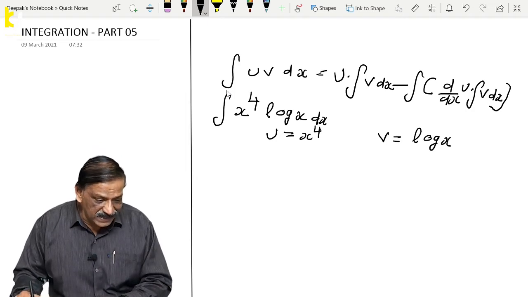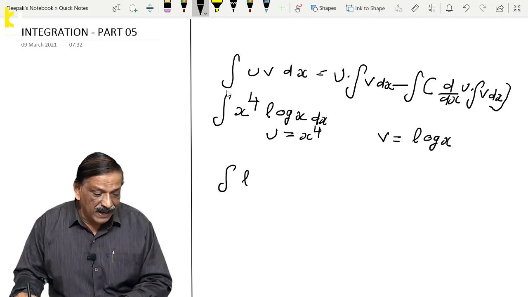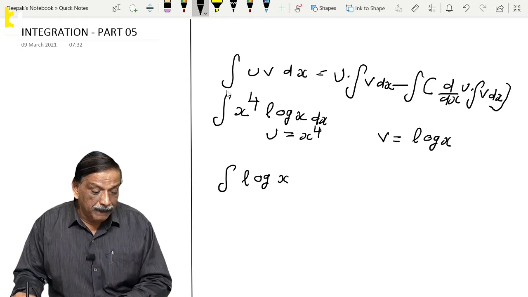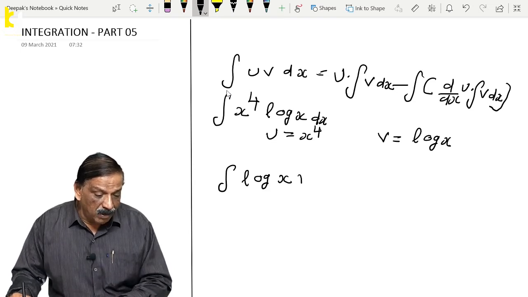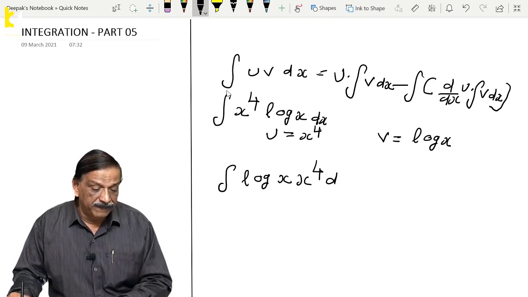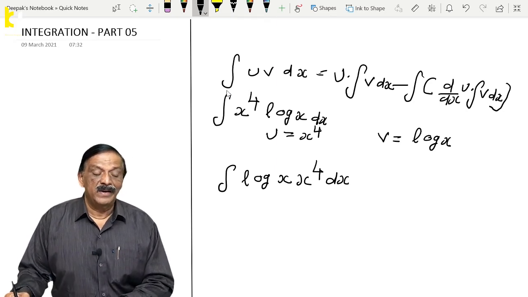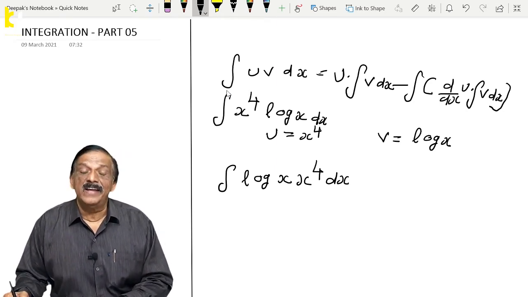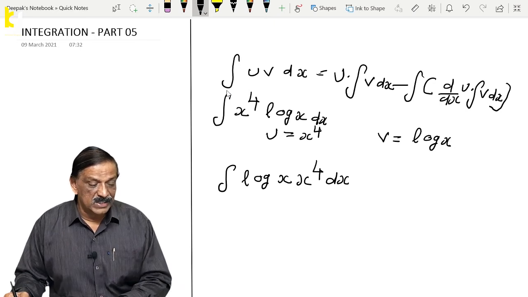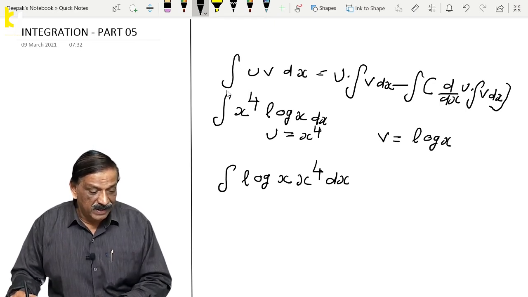We can arrange this question as integral log x into x to the power of 4 dx, because we can differentiate log x easily. So this is equal to first function into integral of second function.